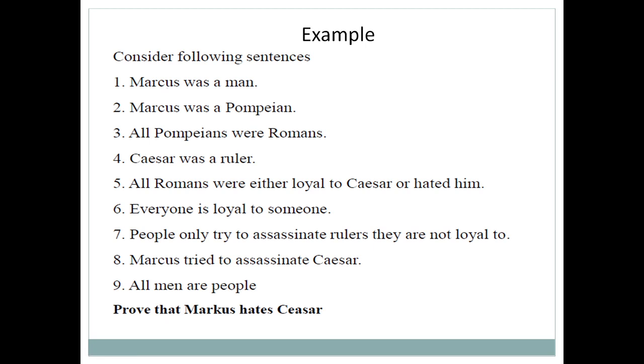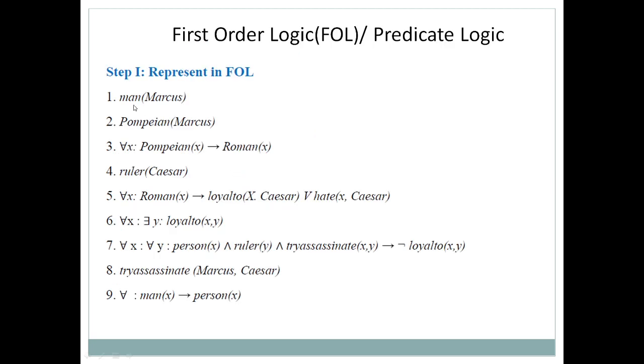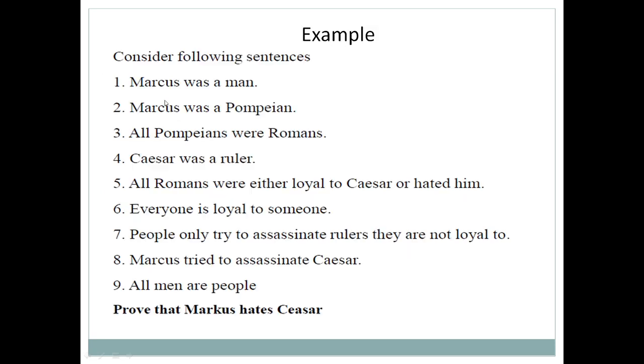Whenever we discuss predicate logic, we understand that we have relations and functions, and we also have the predicate. So man is a predicate here, and Marcus is an argument that we pass to that predicate. So the predicate logic for this statement, Marcus was a man, is man(Marcus).